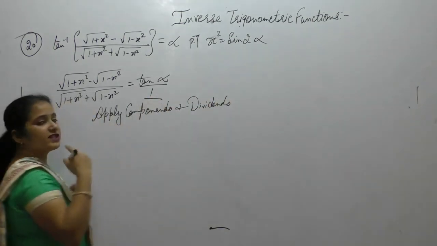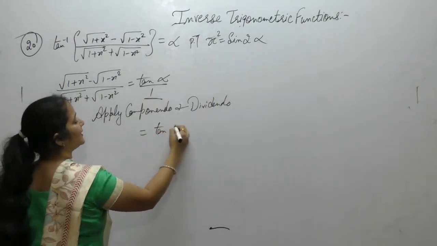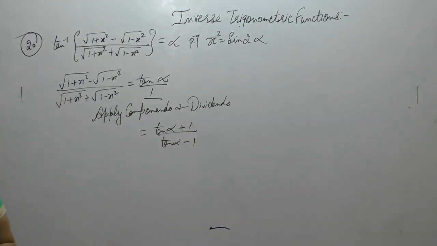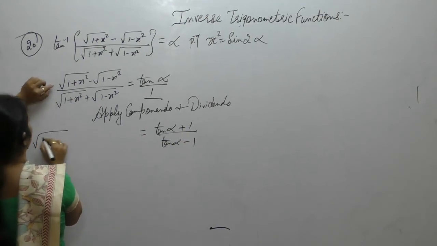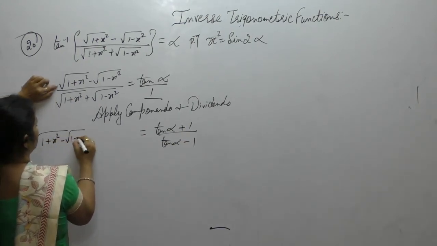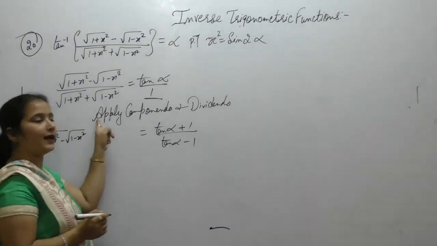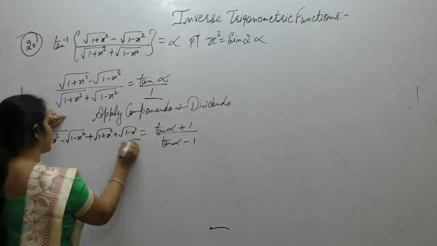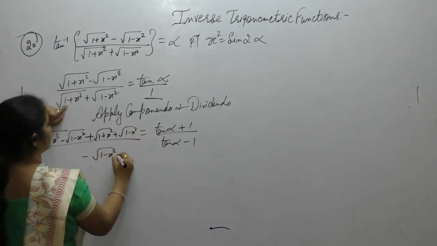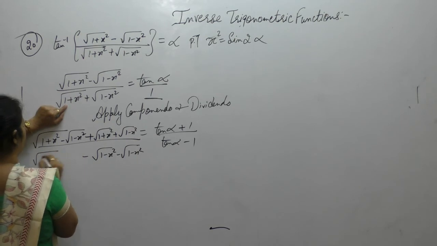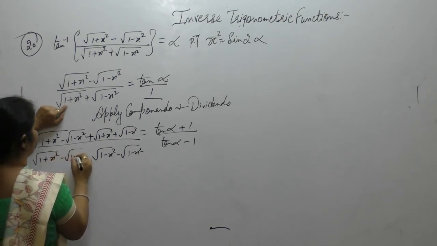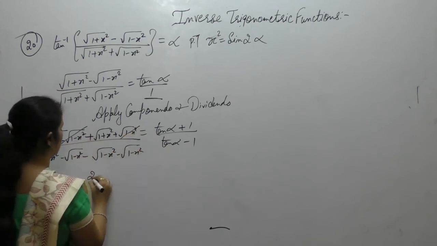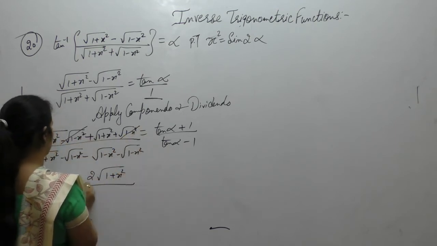The term which is in the denominator, we have to add to the numerator and subtract from the denominator, and the term which is in the numerator we will write as it is. Now what we get: 2 times √(1 + x²).